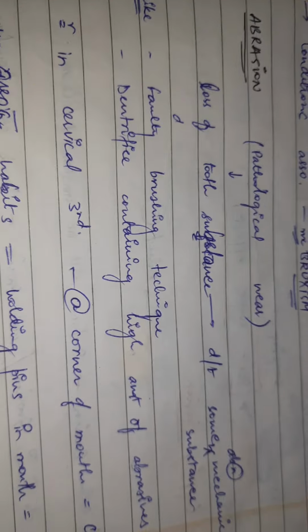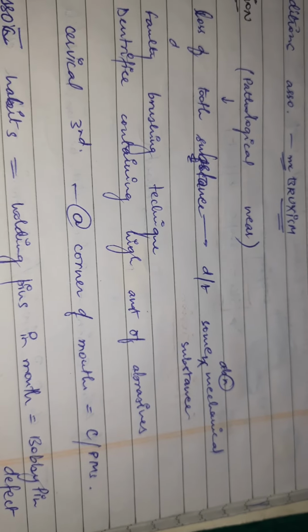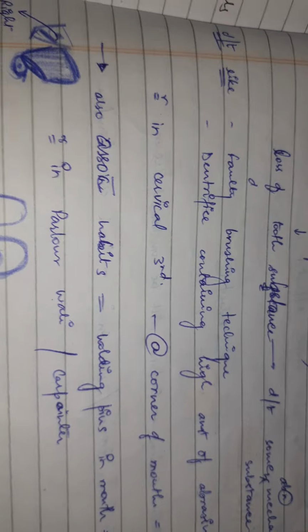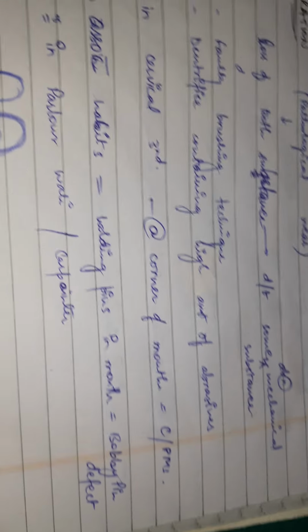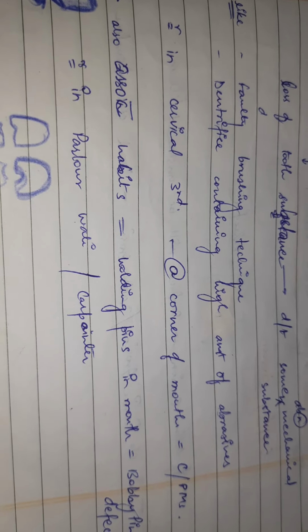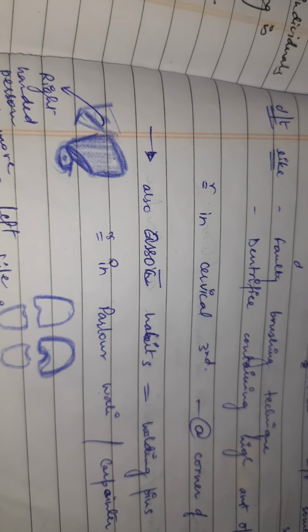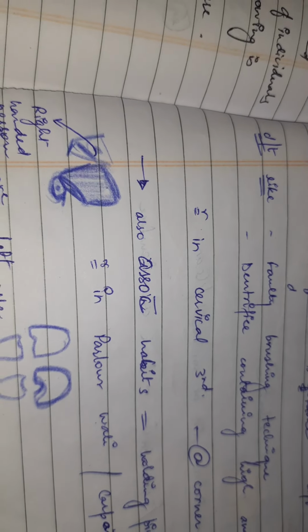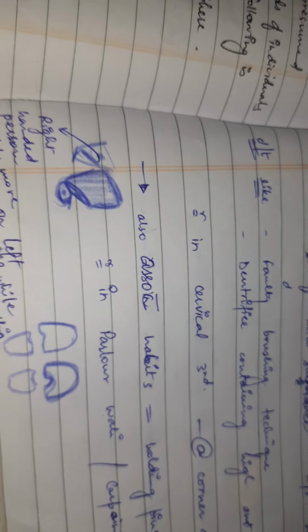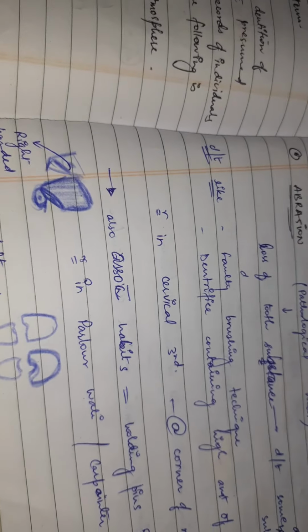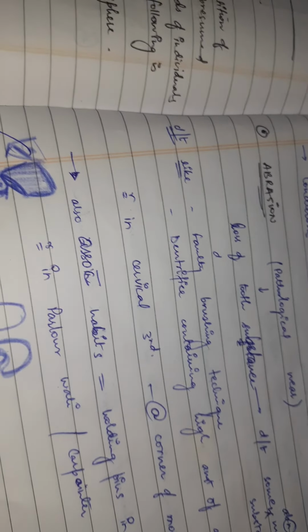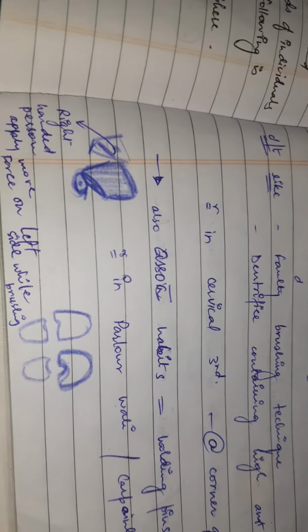Seen in the cervical third at the corner of the mouth, canine and premolar, and also associated habits like holding pins in the mouth, a bobby pin defect, and seen in carpenters. Some people also have the habit of rubbing their nails on the maxillary central incisors, so this defect can occur.